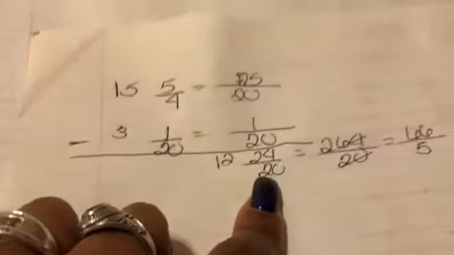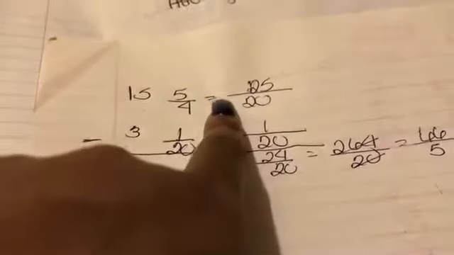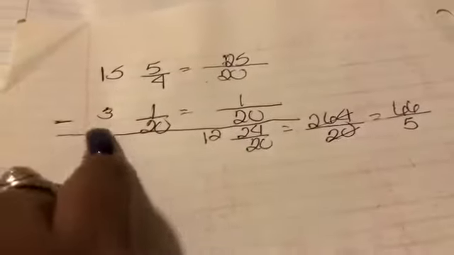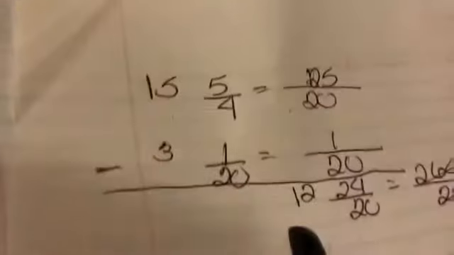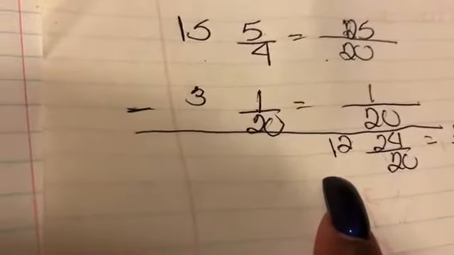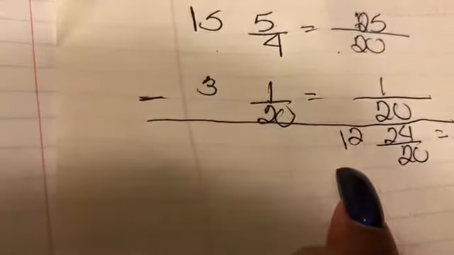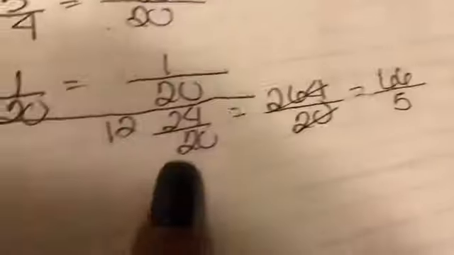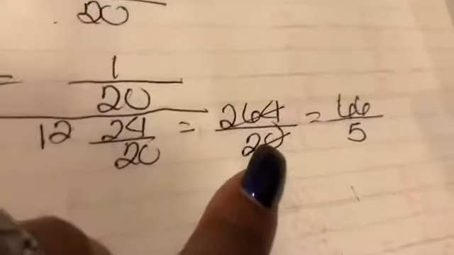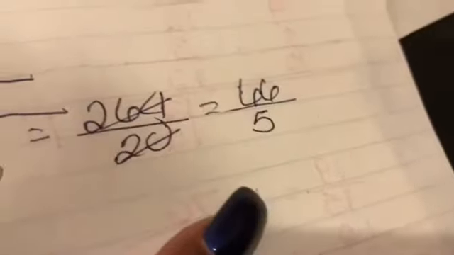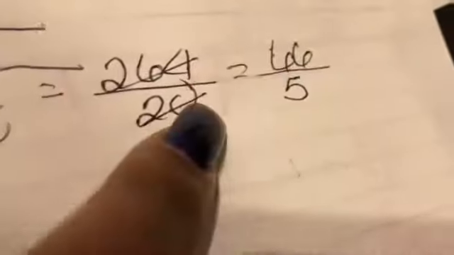You're going to bring out your denominator, which is 20. 25 minus 1 is 24. 15 minus 3 is 12. 20 times 12 is 264 over 20. You're going to find a number that will go into 264 and 20 evenly. 4 will go into 20 5 times. 4 will divide into 264 66 times, and that is your answer.